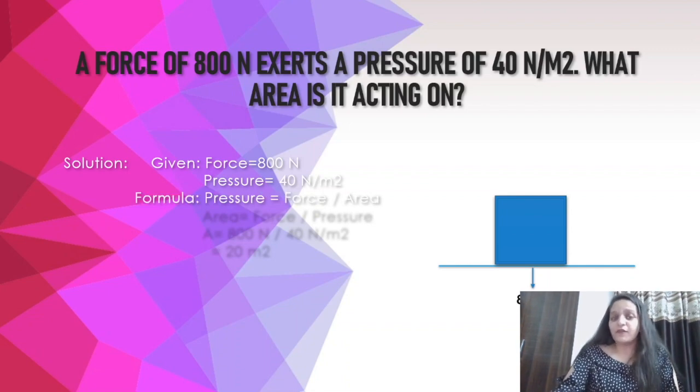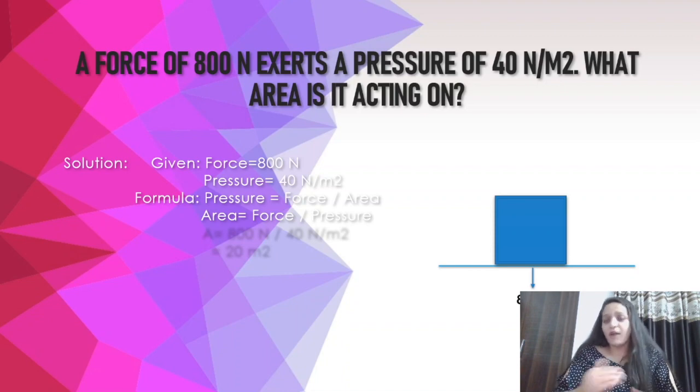Now we'll write the formula. The first formula is pressure equals force per unit area. Now we have to find out the area, so it is better to convert this formula into a usable form, that is area equals force upon pressure. We can change the format of our formula by using some mathematical identity; here we have applied cross multiplication.